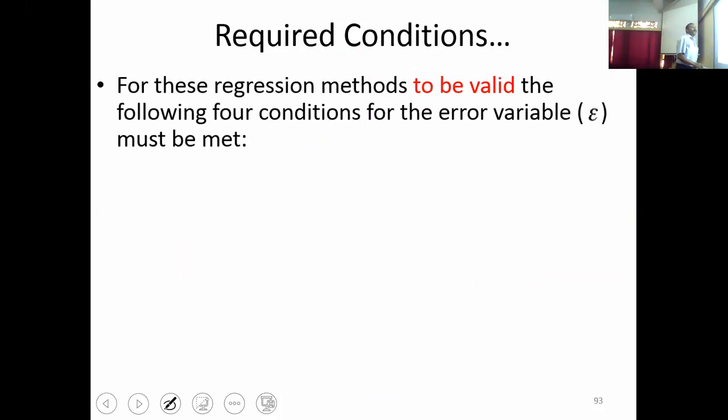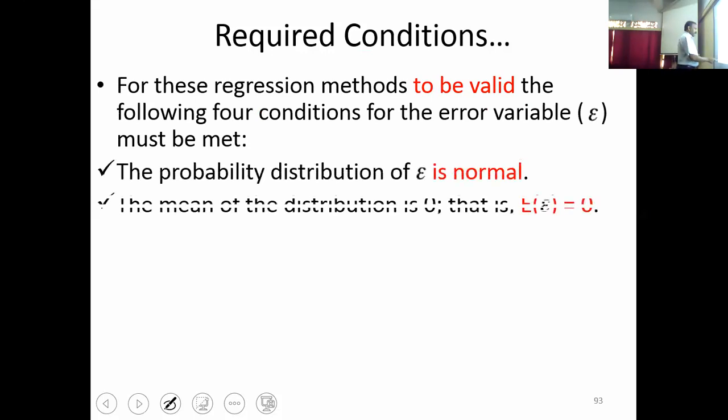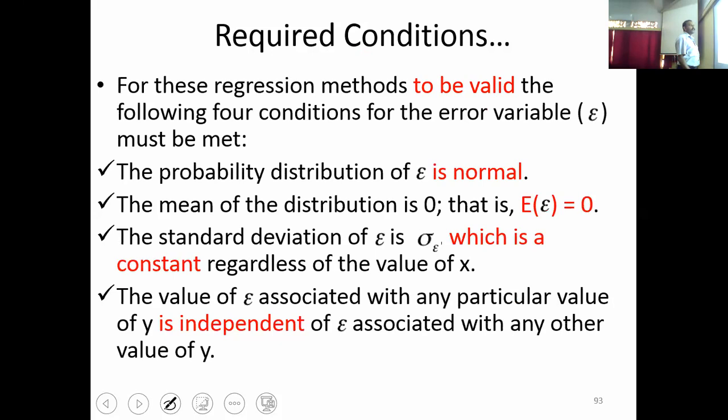Now, for the regression methods to be valid, the following four conditions have to be fulfilled. We already discussed these conditions. The probability distribution of the error term has to be normal.